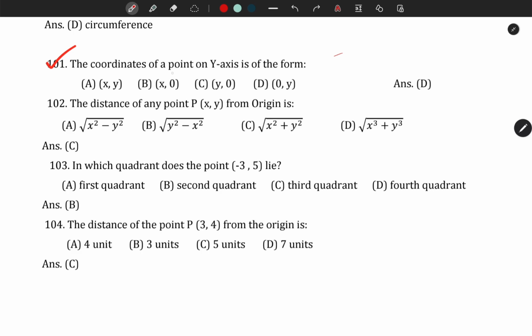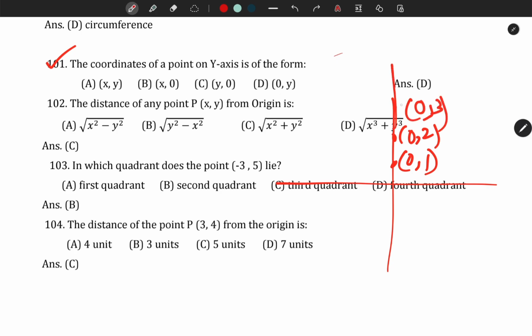Next question, the coordinates of a point on y-axis. So if a point is on y-axis, supposing this point is 0, 1, this will be 0, 2, then 0, 3. So in general, the coordinates of a point on y-axis are always 0, y, and if it is on x-axis, it will be x, 0.